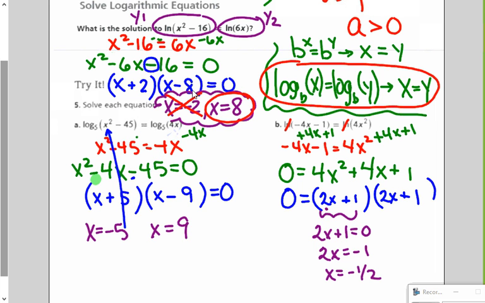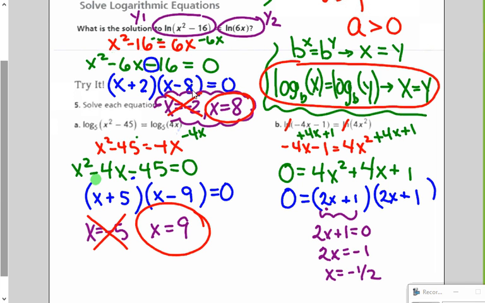You can't take the log of -20. So we cross this out. 9 is good, because 9 squared minus 45 is 36. That's a positive. 9 times 4 is 36. So obviously, the log of 36 base 5 is equal to the log of 36 base 5.